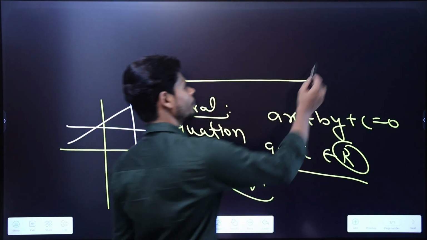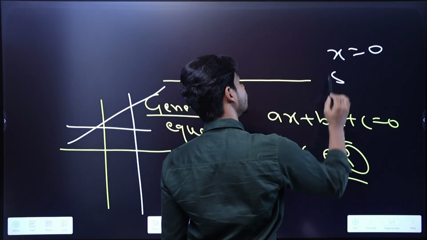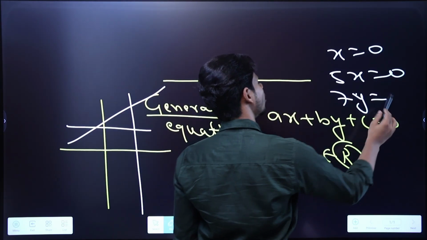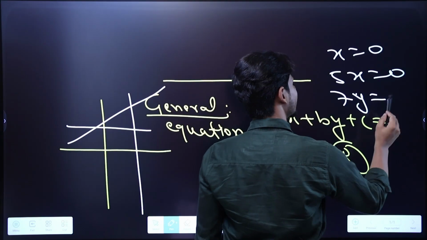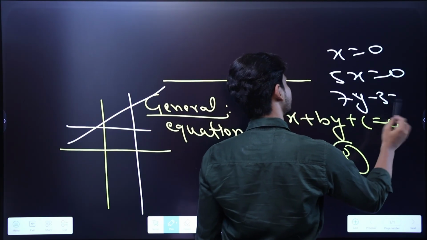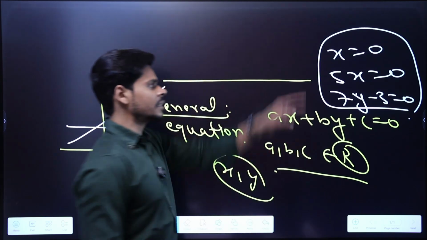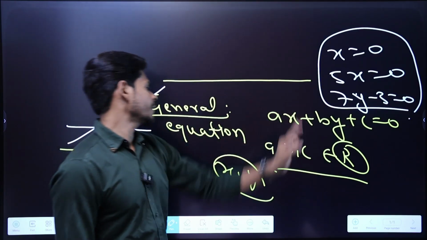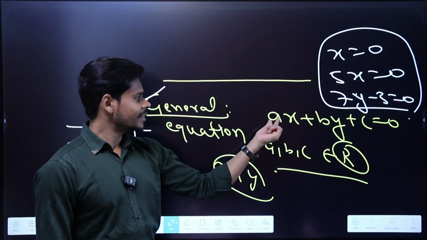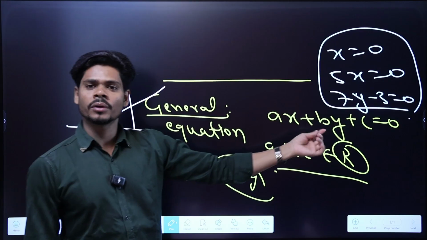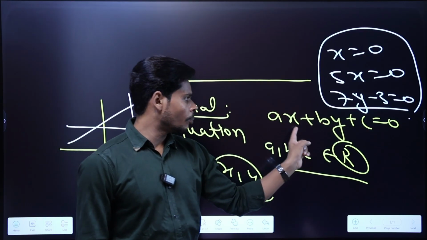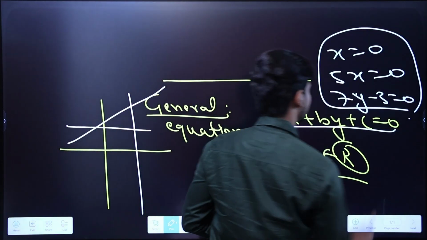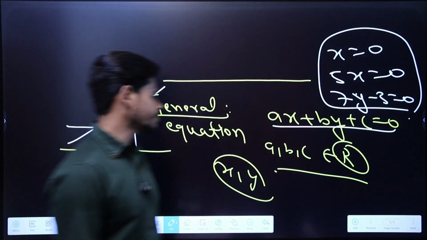So if you simply write x is equal to 0, 5x equal to 0, 7y is equal to 0, or 7y minus 3 equal to 0, all these equations are representing a straight line. So that's why we can have a as 0, b as 0, no problem. But remember, both a and b cannot be 0 together. Otherwise the equation will not be there, basically the straight line will not be there.